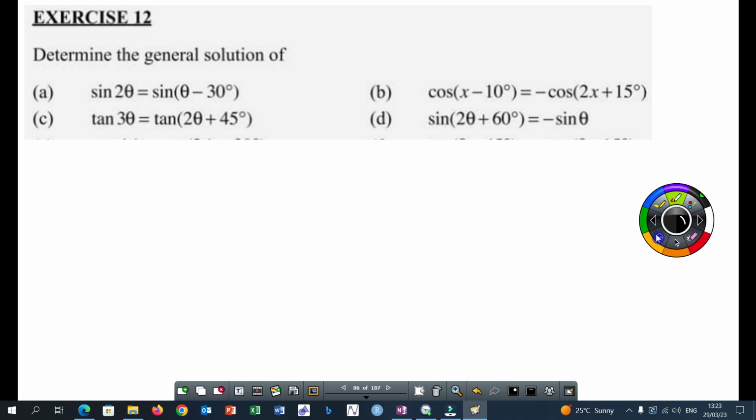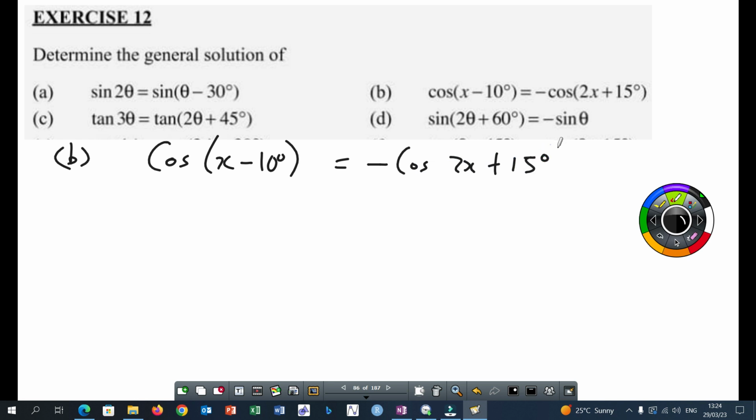Alright, let's do B. So we have got cos(x minus 10 degrees) is equal to minus cos(2x plus 15 degrees). Right?